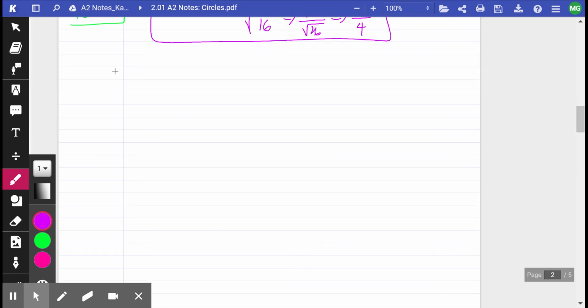Let's try another one. Same directions: write an equivalent expression in center radius form and find the center and the radius.